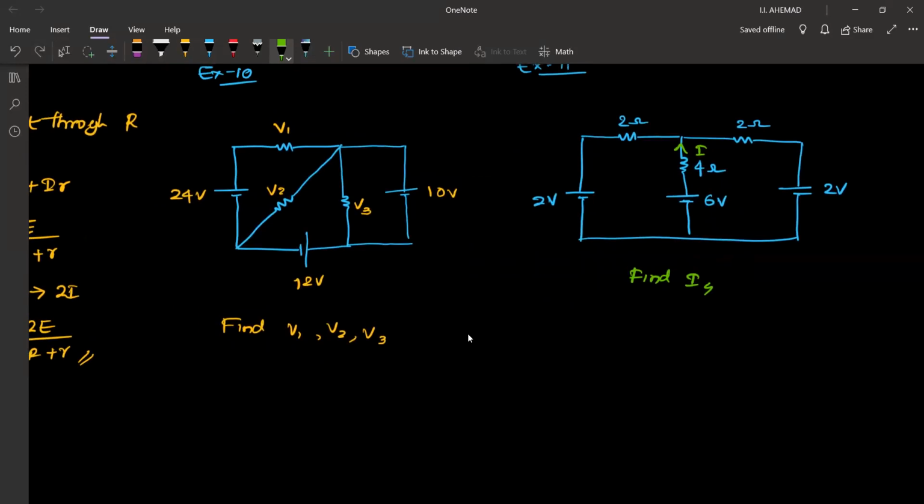Found? So here, finding V3 is the easiest. Consider this loop. I'll number these loops: this as 1, this loop as 2, and this loop as 3.